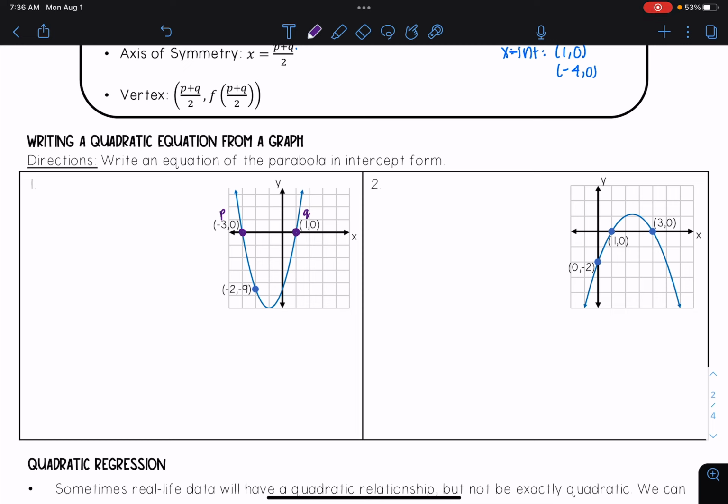And then I'm given just another point. So my x is negative 2 and y is negative 9. So I'm going to plug that into my intercept form. So my intercept form is y equals a times x minus p times x minus q. Well, my y is equal to negative 9, so I have negative 9 is equal to a, which we're trying to find, times x, which is negative 2, minus p, which is negative 3, times x, which is negative 2, minus q, which is 1.